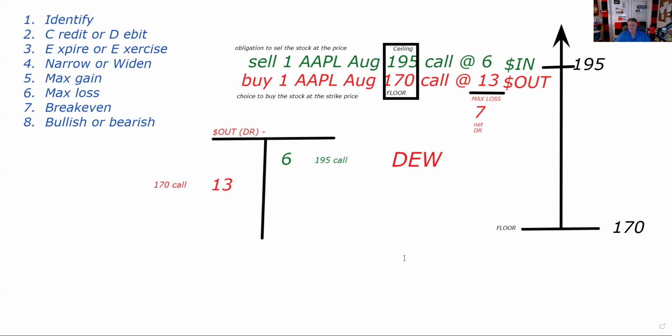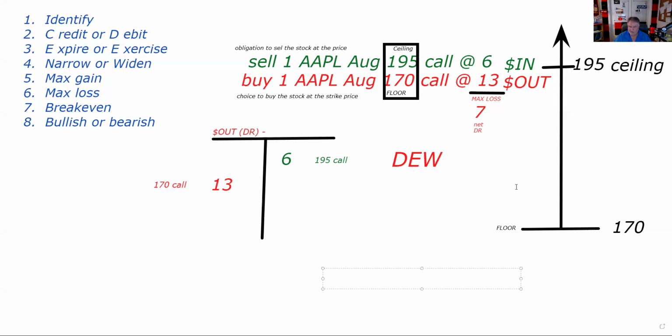Every time. Now, the whole point of a spread is I'm saying that I want to play between 170 and 195, and then I don't want to play no more. That is the whole point of a spread. All the action takes place between the floor and the ceiling.